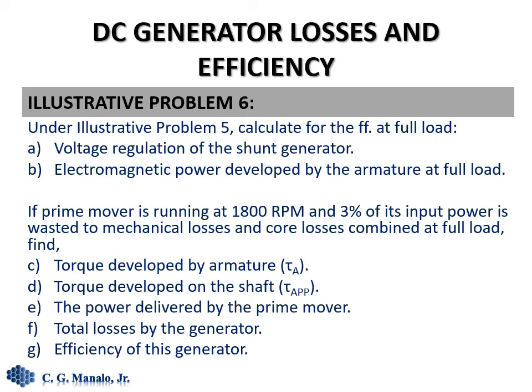Then we also compute the torque involved in the generation of power, the power delivered by the prime mover, the losses in the generator, and the efficiency. The generator runs at 1800 RPM and 3% of the input power is wasted to mechanical losses and core losses combined.